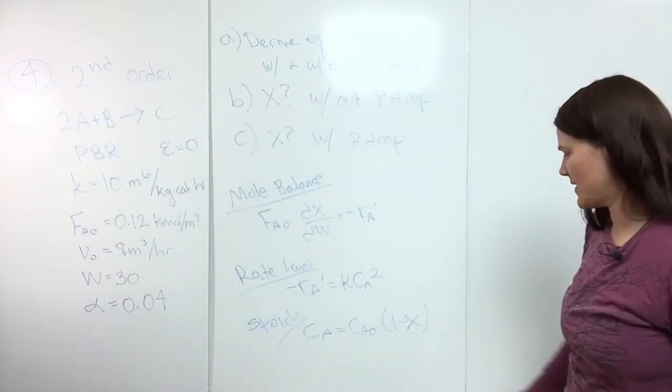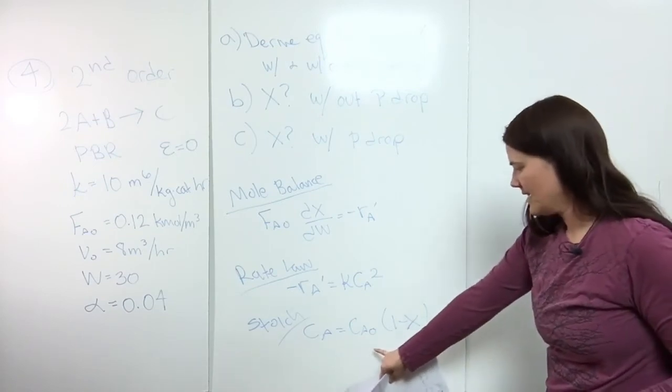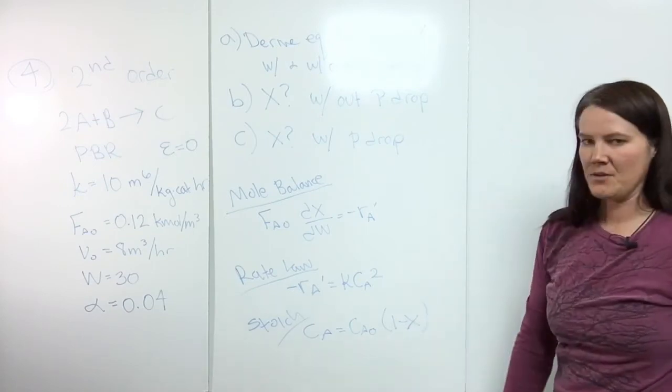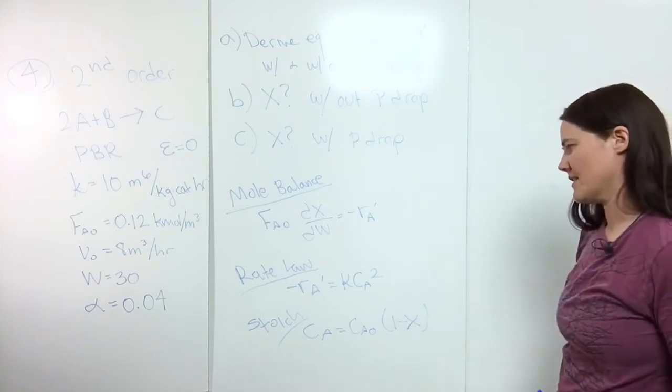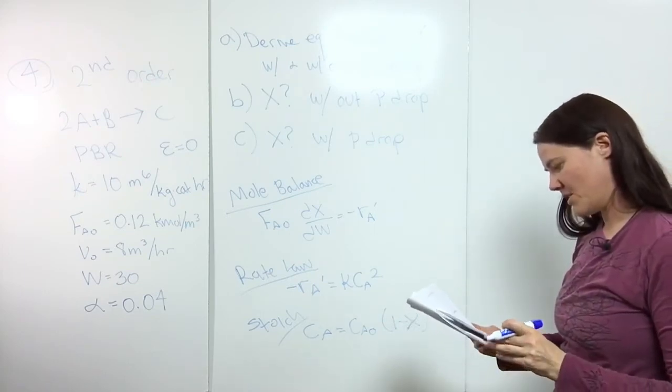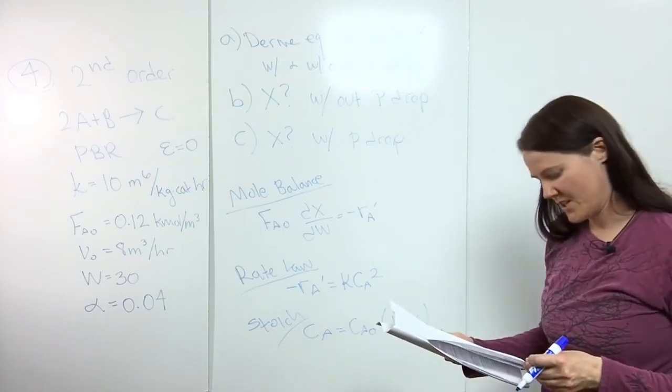So I'm making that assumption. So that's why I have CA is equal to CA naught times 1 minus X, and I'm not dividing it by the V naught 1 plus epsilon X, because I'm assuming that epsilon is equal to 0. So basically I'm assuming no volume change.